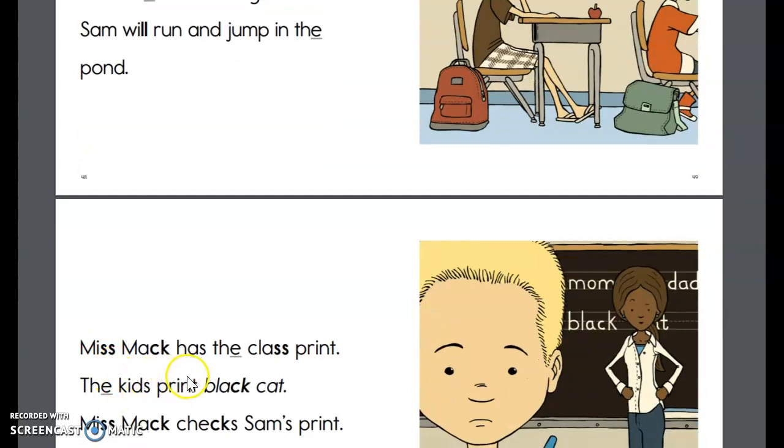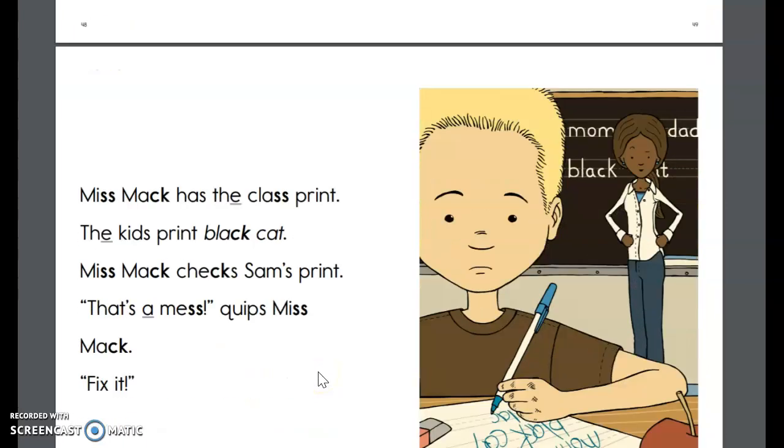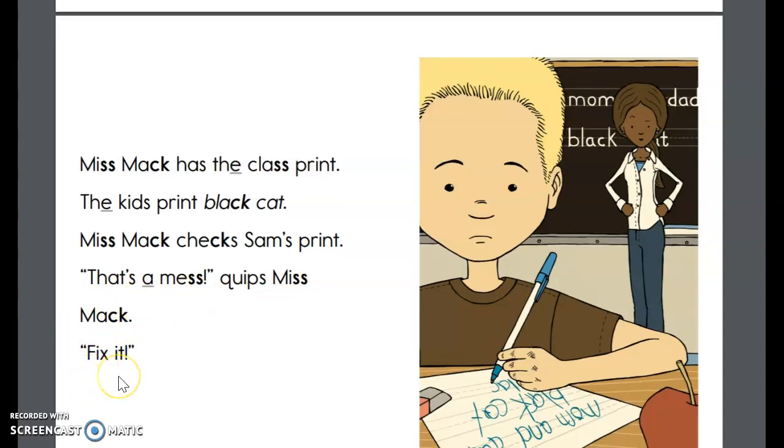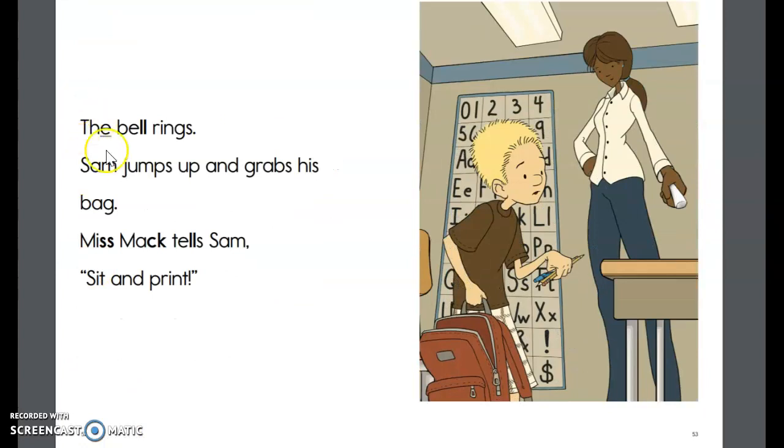Miss Mac has the class print. The kids print black cat. Miss Mac checks Sam's print. That's a mess, quips Miss Mac. Fix it. The bell rings.